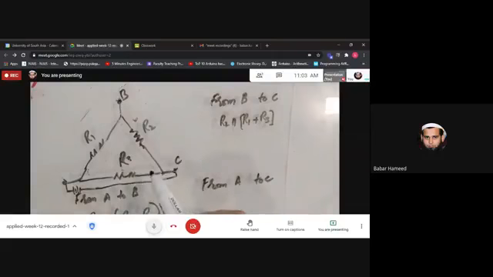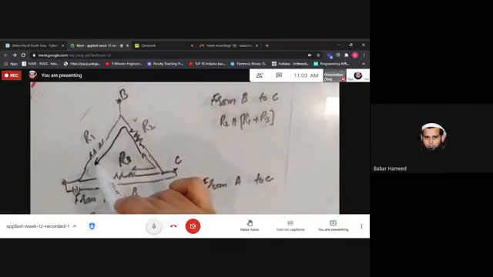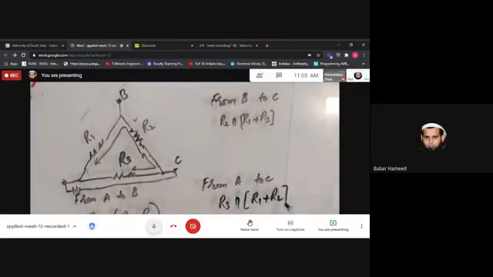What will happen? Current will enter the circuit in two paths. One path is through R3 and the other path is through the series combination of R1 and R2. What will be the result? R3 is in parallel with R1 plus R2. Hope you understand the situation.